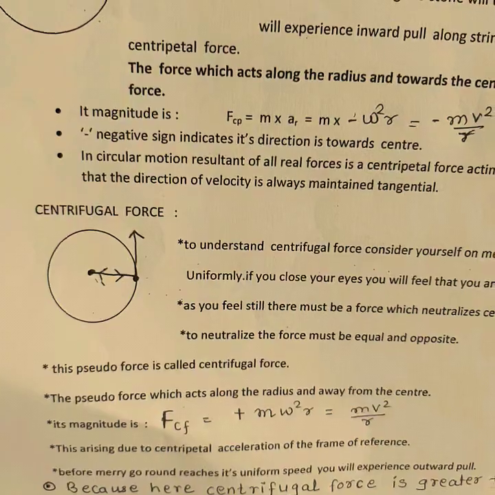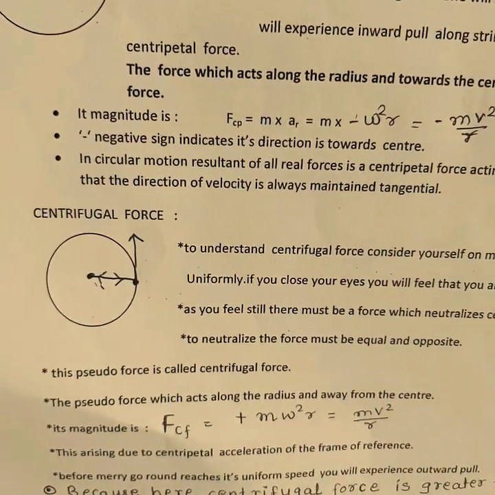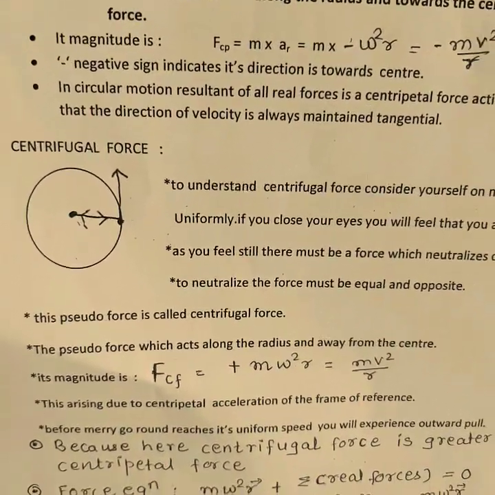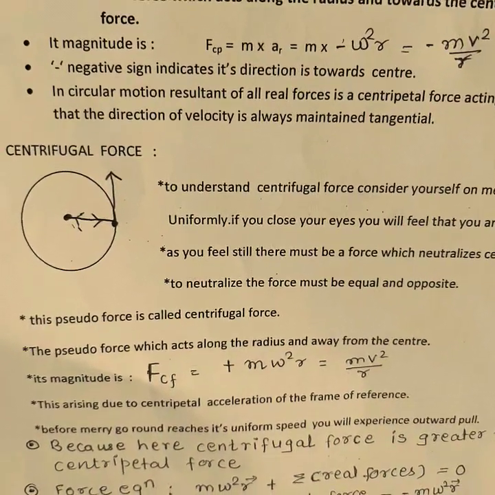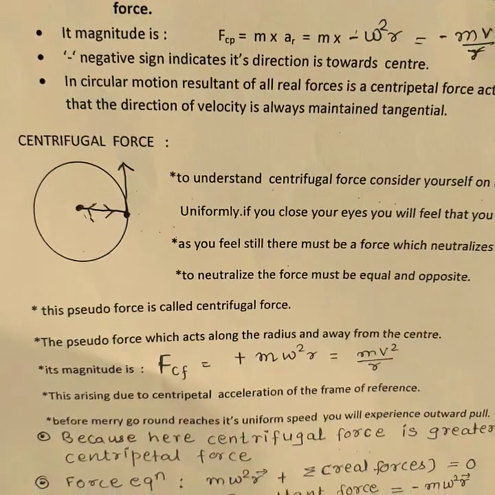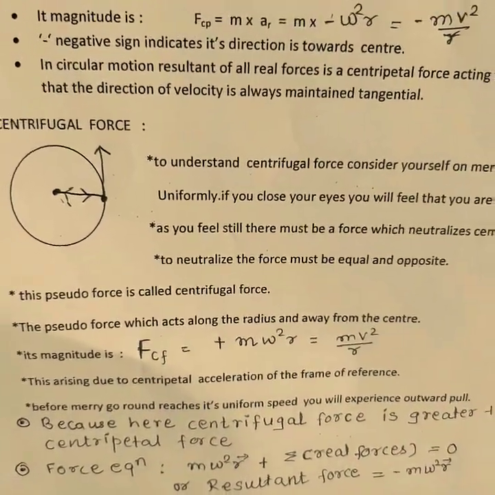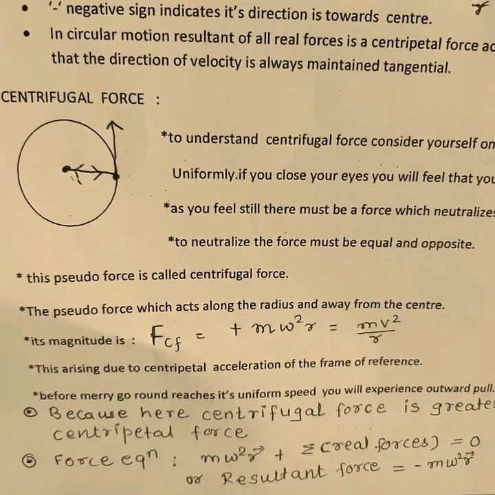Equal and opposite forces make the vector sum zero, and that's why the resultant force acting on you becomes zero and you feel you are still, or that there is no force acting on you. Keep in mind that this centrifugal force is a pseudo force.